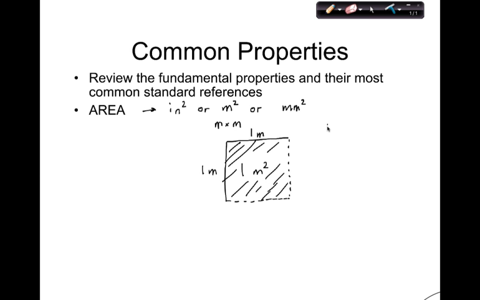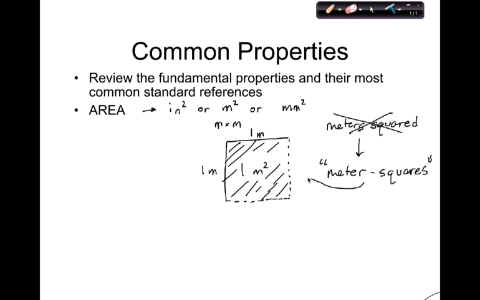So rather than meters squared, I want to call these meter squares, because that's what they are. They're squares that have a side length of a meter.